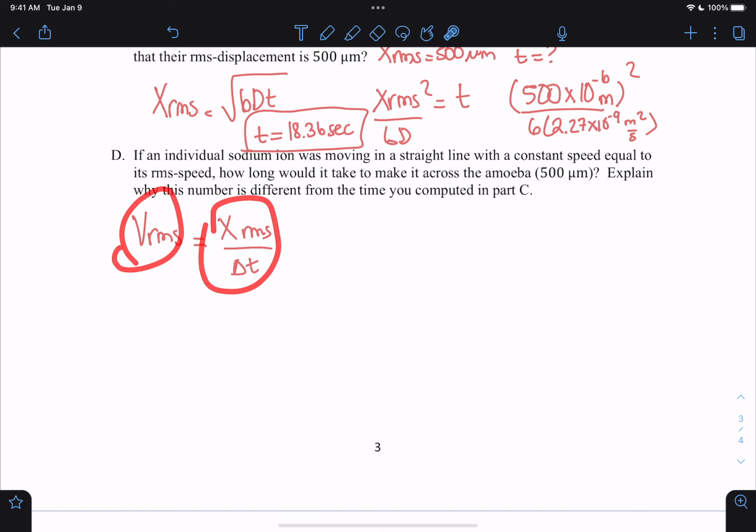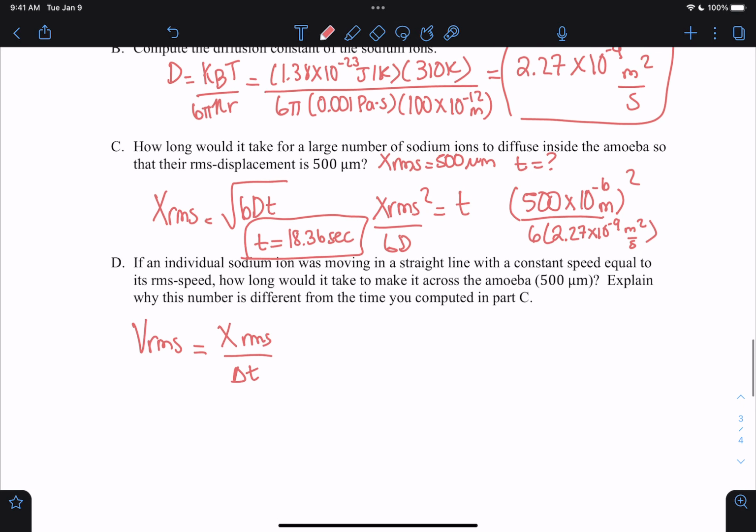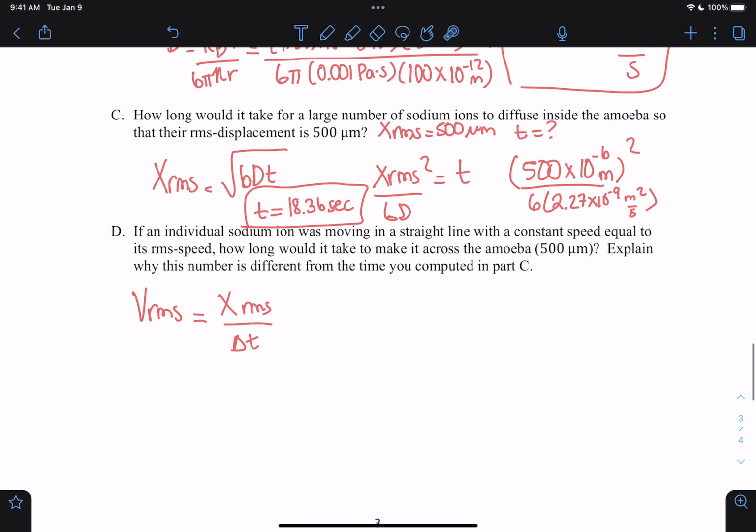It's the distance or displacement traveled over a certain period of time. I traveled 500 micrometers. The speed they told you is the VRMS, which was the 579.68 that we determined earlier, and the XRMS they're giving us is the 500 micrometers.